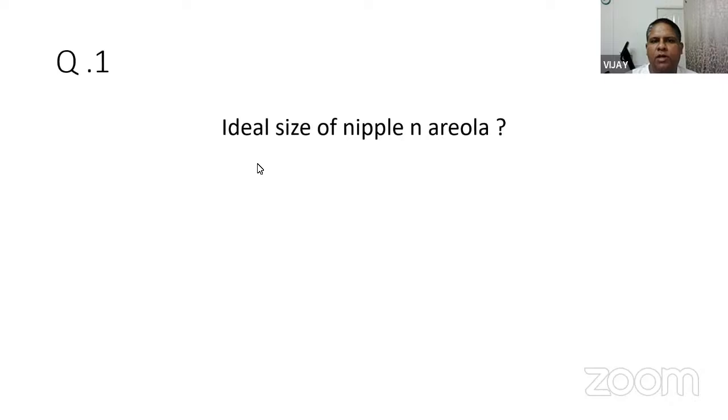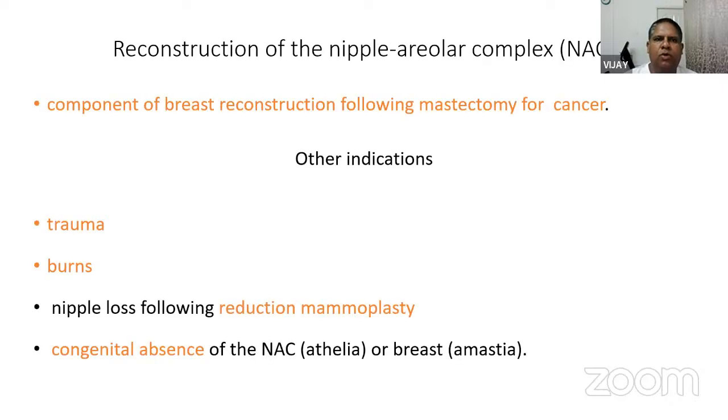So the one question was on the ideal size of the nipple and areola. When you talk about the nipple areolar complex, its reconstruction can follow a breast cancer mastectomy, and NAC reconstruction is the last component of breast reconstruction.